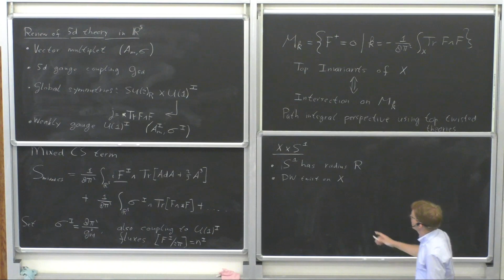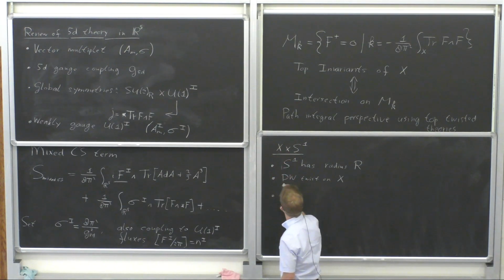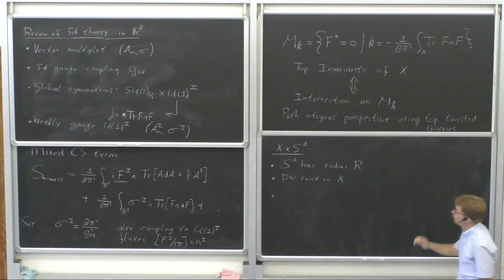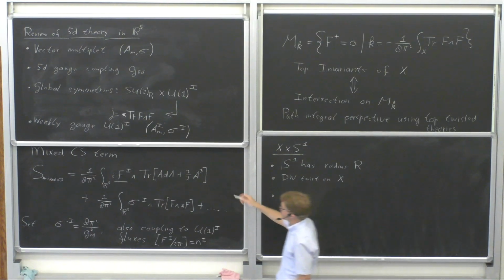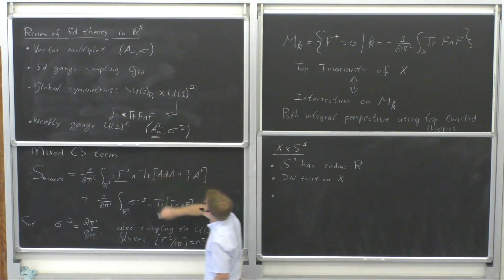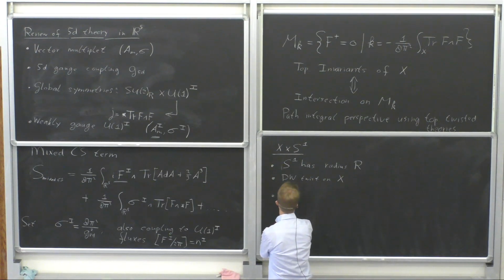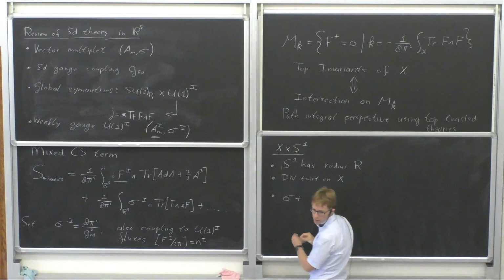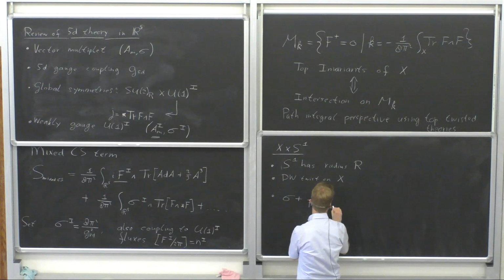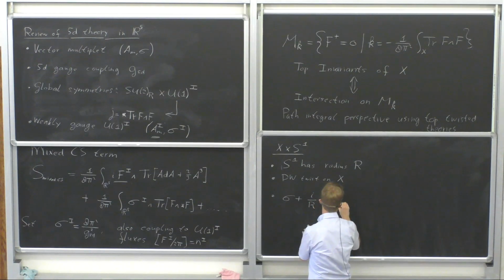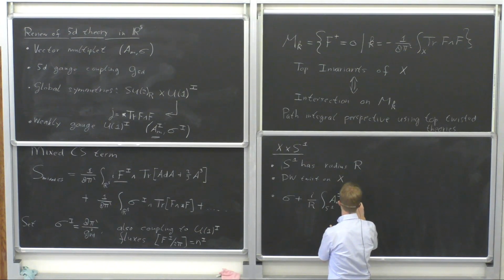And then we get a complex scalar, if we view the theory on X, by adding the holonomy of the U(1) gauge field to the real scalar. So we get sigma plus 1 over R integral over S1 of A_I dx^m.